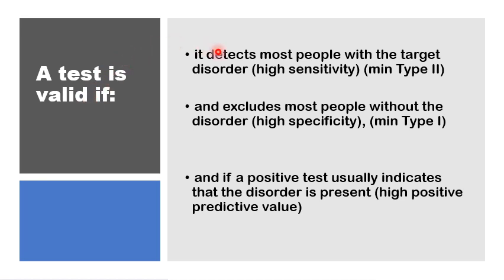If it detects most people with the target disease or disorder, then it would have high sensitivity and a minimum type 2 error, and excludes most people without the disease or the disorder. That is to say, it has high specificity and a minimum type 1 error. There are other factors like the predictive value, positive or negative predictive values, and other likelihood ratios and diagnostic odds ratio, but we'll come to this in next presentations. In this presentation we shall discuss these two factors.